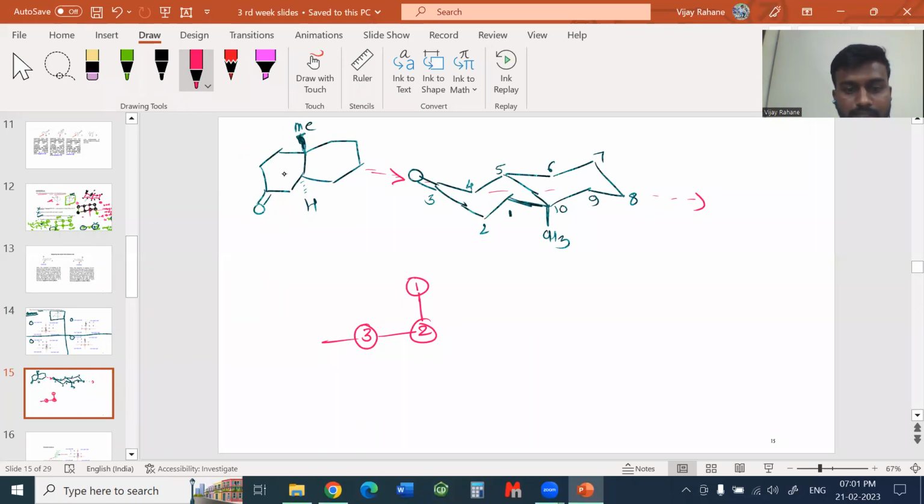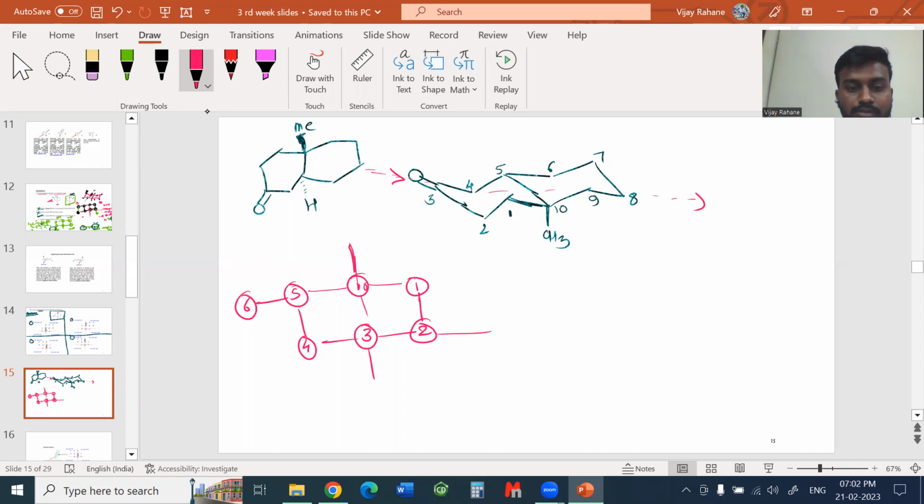So carbon 10 is on the axis. Here will be 4. These 5 will be on the left side only. And see, for 5 at equatorial, this 6 is attached, meaning the 6 should be equatorial. And for 10, this 9 is attached at the equatorial position.